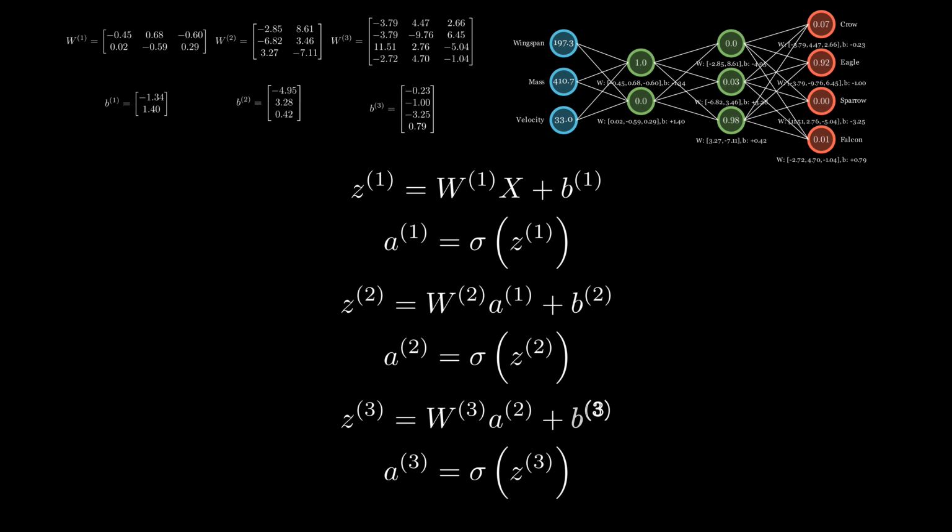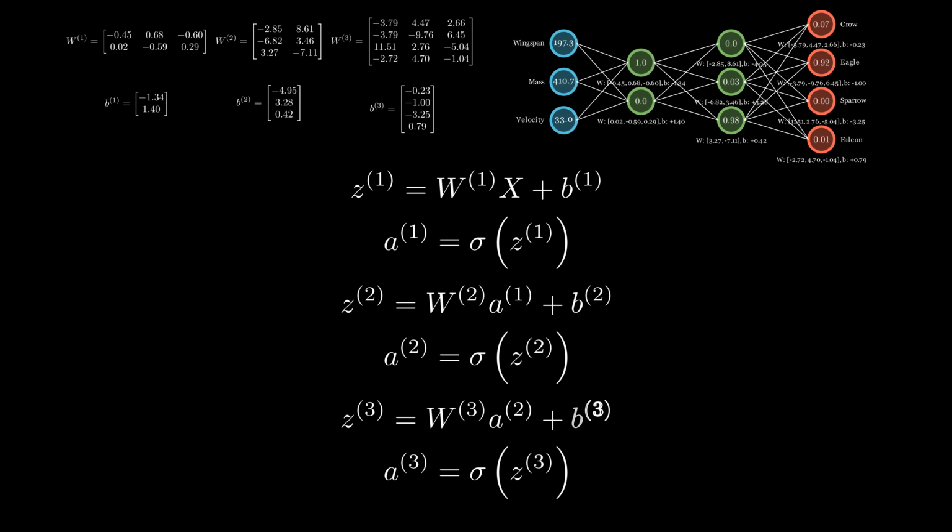Now, what is W1? Remember, we have 2 neurons in the first hidden layer and 3 inputs. Every neuron must have a weight for every input. So our weight matrix will have 3 columns, 1 weight per input, and 2 rows, 2 neurons. Now, what will be the shape of B1?